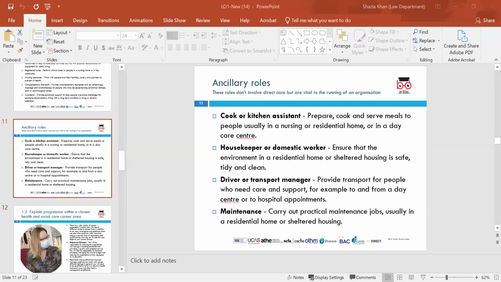So there's a need to have all these roles in place because nurses can't be ancillary roles. They have drivers or transport managers as well who take care of the day-to-day living, transporting people to appointments. It may be from care homes, it may be taking them out to a trip, it may be their day-to-day activity, and also maintenance.